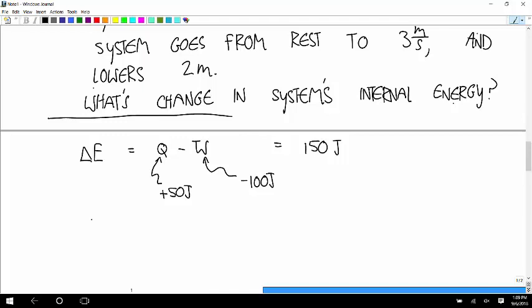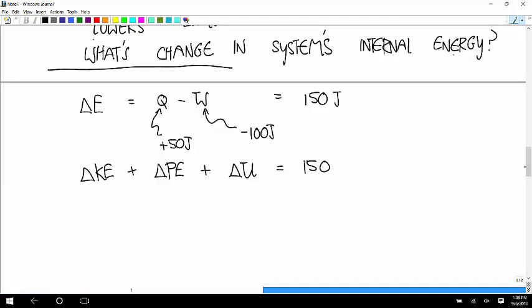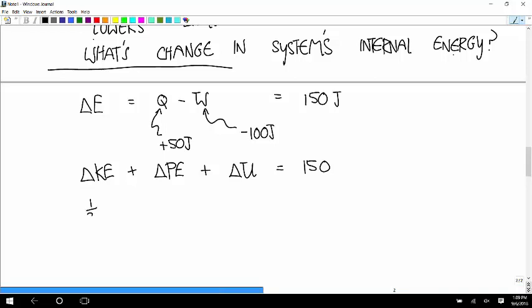Okay, so we know that the change in kinetic energy plus the change in potential energy plus the change in internal energy is equal to 150. And we can write that as 1/2 times the mass of the system times the change in speed.